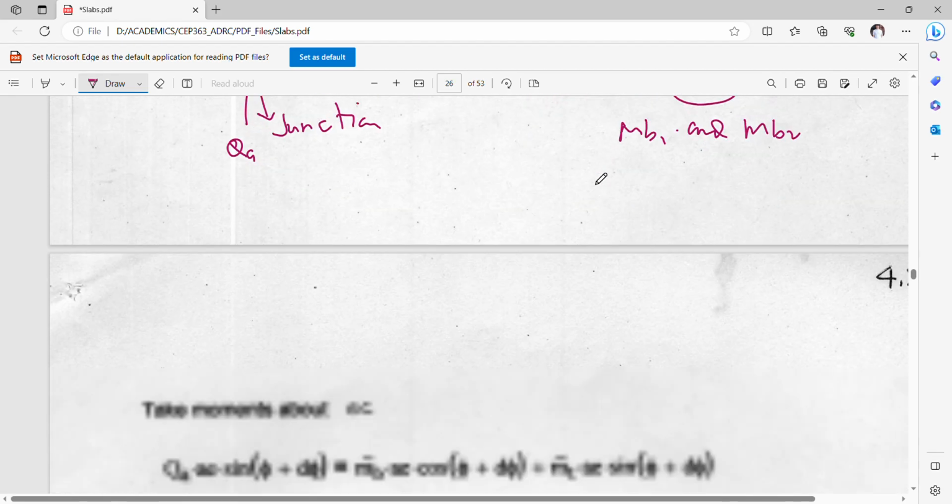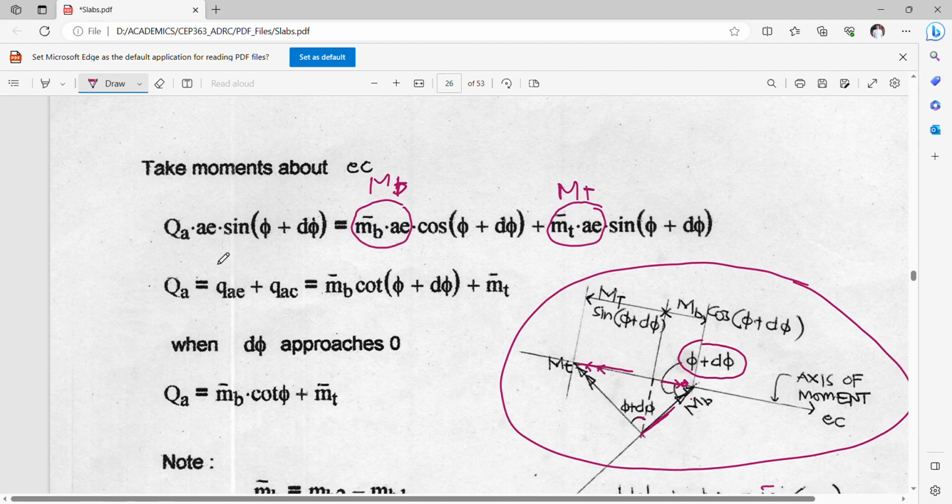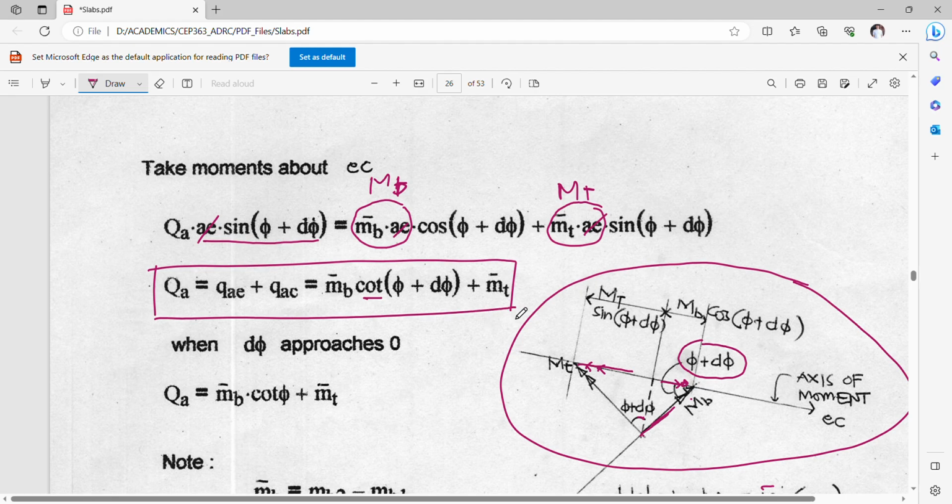So AE will cancel, and cosine over sine will be cotangent, while sine over sine will be 1. So your simpler equation for QA will now be this one.